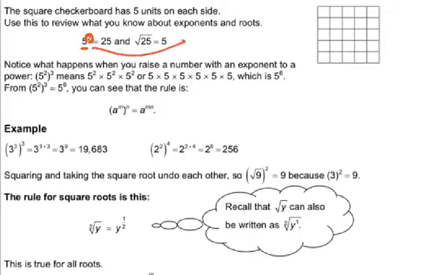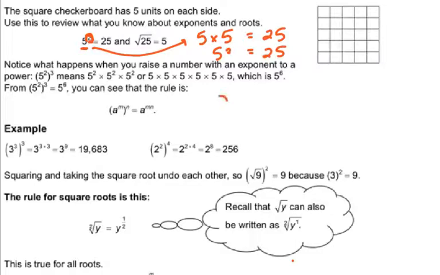Let's write that out in expanded form. 5 squared is the same thing as 5 times 5, and we know that 5 times 5 is 25. So we know that 5 squared equals 25.